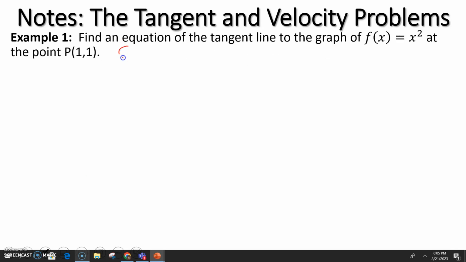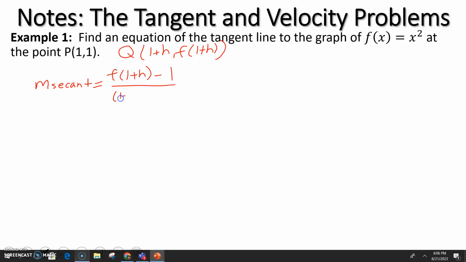Remember here, point Q is some point 1 plus h, f of 1 plus h, just a point a little bit away from P. Our secant slope, or m secant, is the slope between these two points: y2 minus y1 over x2 minus x1. In this case, that is f of 1 plus h minus 1 over 1 plus h minus 1.